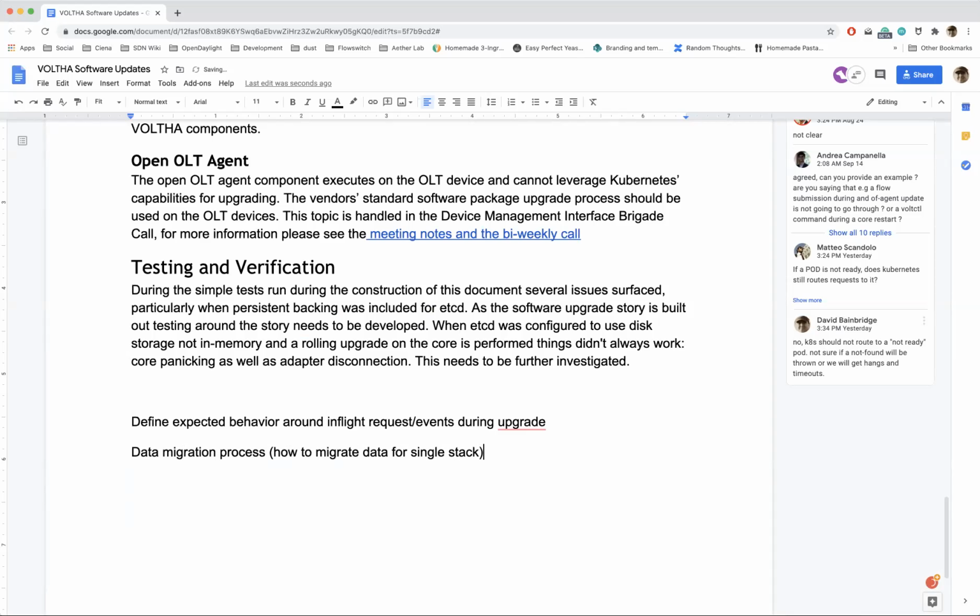So there might be multiple ways of doing that. For example, I can bring up a new instance of an etcd cluster and migrate the data in that instance. Or, I don't know, we can change the actual data, and maybe we can find a way to roll back that data. I think we should have some POCs around that issue.